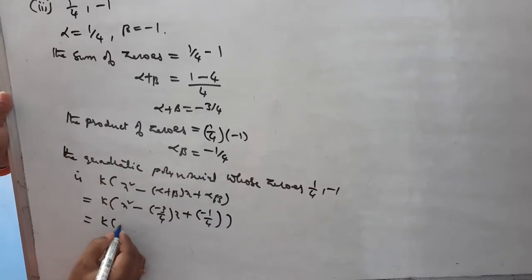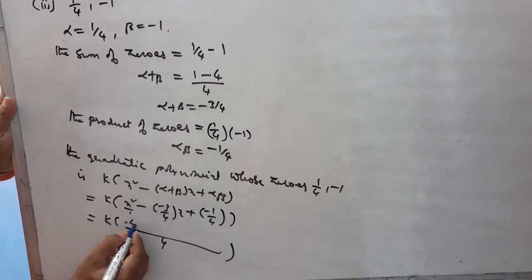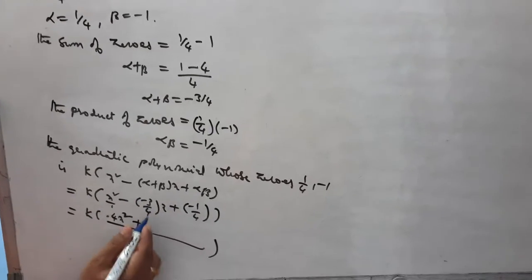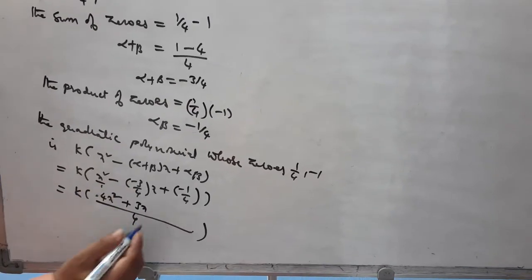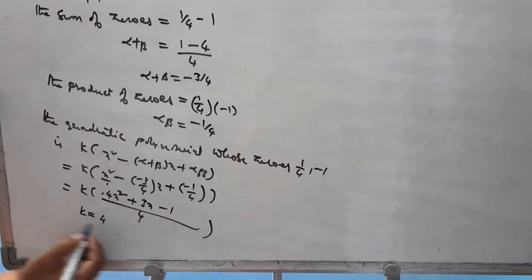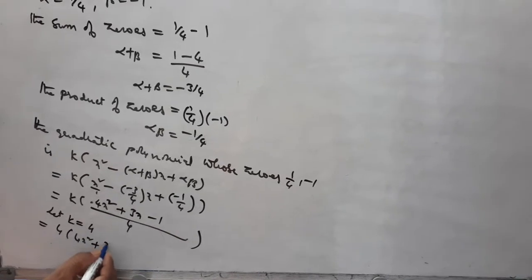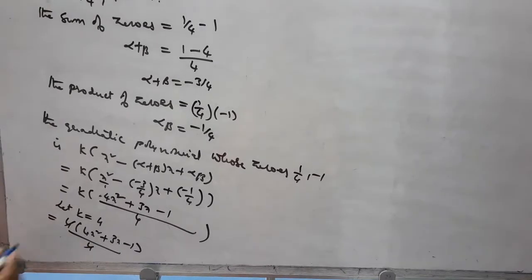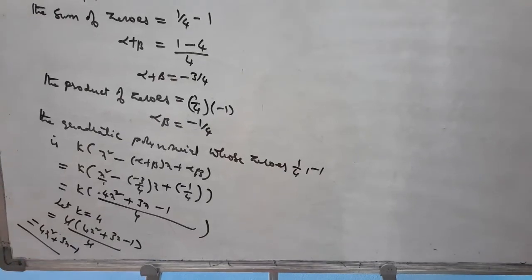Here LCM is 4, so we will get 4x square plus 3x minus 1. If you take k equal to 4, we will get 4 into (4x square plus 3x minus 1) by 4. The 4 will be cancelled, that is 4x square plus 3x minus 1.